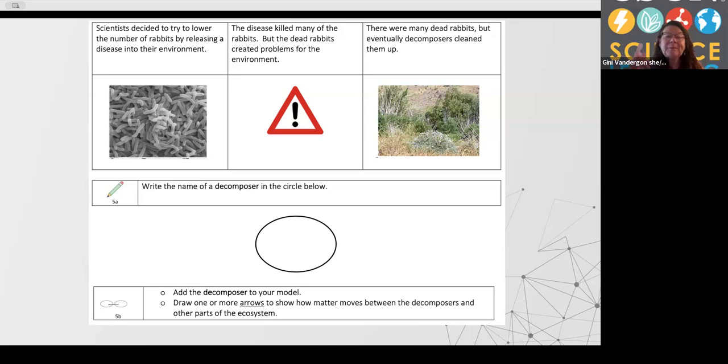So now we'd be adding decomposers to our model and asking students to think about how those are connected to what we saw in the building of the model with the kangaroos and the plants and the non-living aspects of it. And also getting students to talk about how decomposers are part of this whole cycle and how they help matter move through the system.